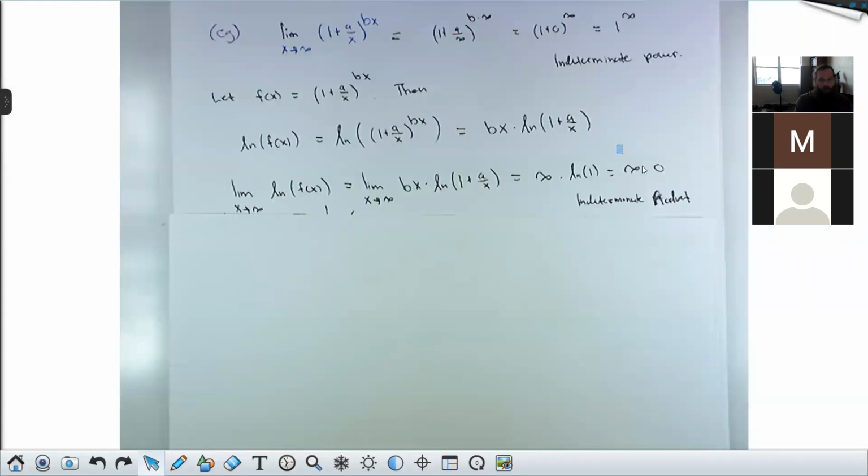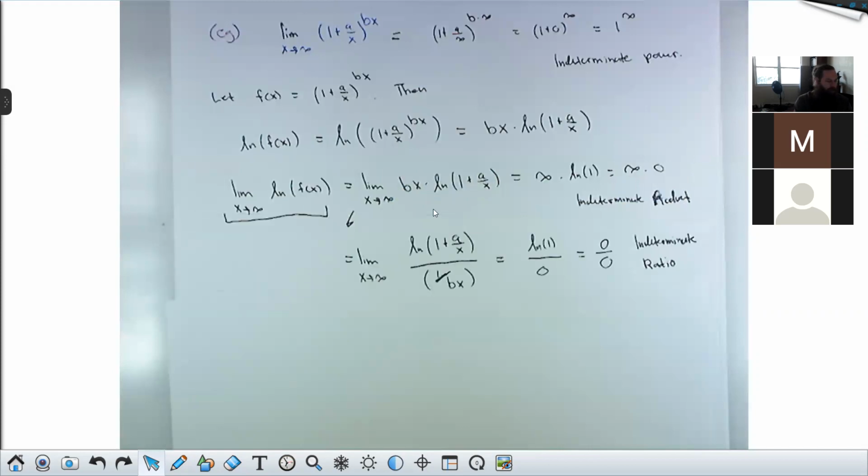The way we handle an indeterminate product is by picking one of these two pieces, either the infinity piece or the 0 piece, and shoving it downstairs as its reciprocal. And Joe asked a really good question: how did I choose which piece needs to go downstairs, the bx or the natural log of 1 plus a over x? I could have shoved this downstairs, and that would have given me bx divided by 1 over the natural log of 1 plus a over x.